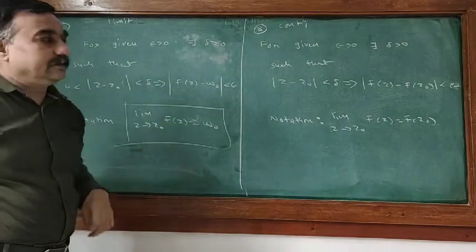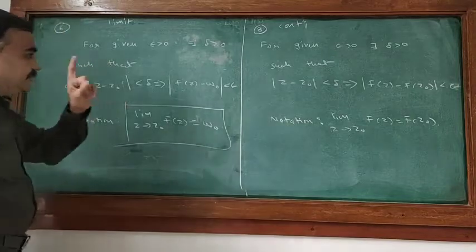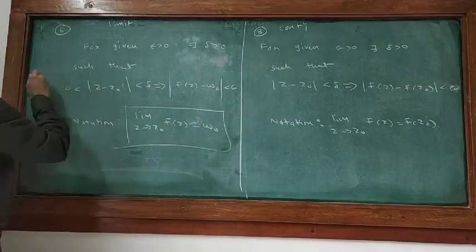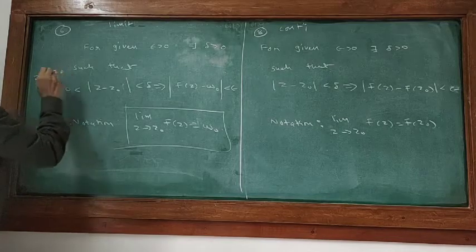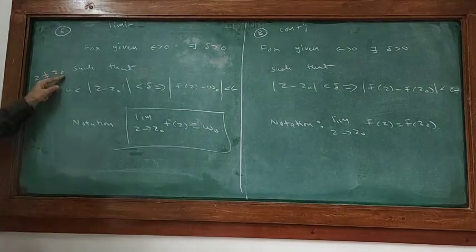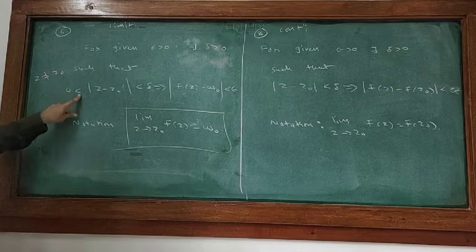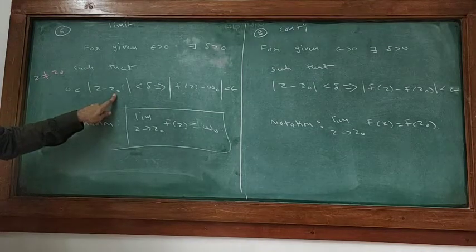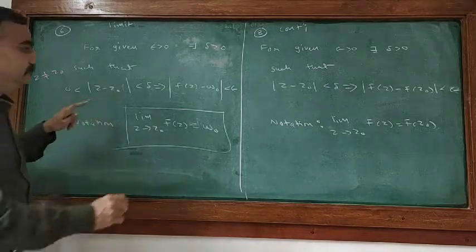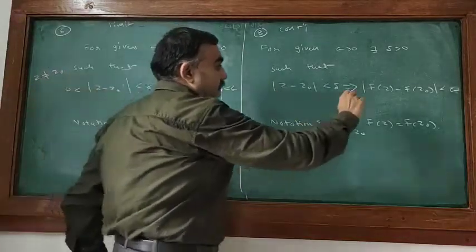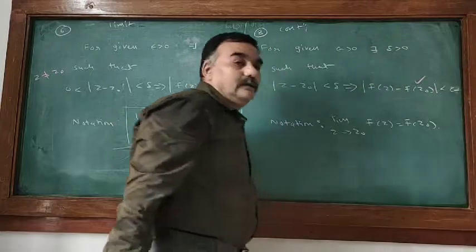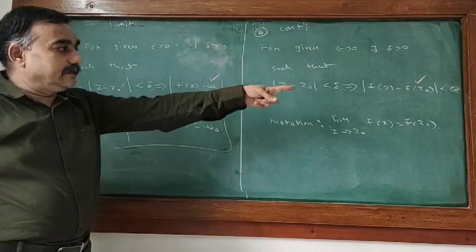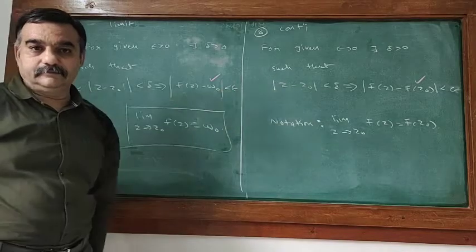The first difference is that z is not z0, because 0 less than |z minus z0|. The second difference: here it is omega 0 and there it is f(z0).